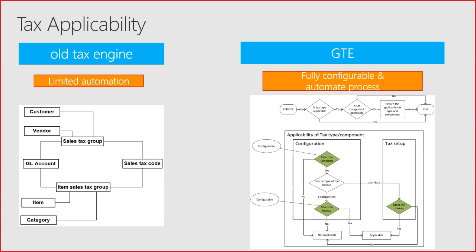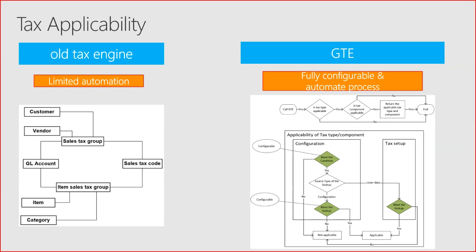The system will check whether the tax type is applicable for this certain transaction. If the tax type is applicable, for example GST is the tax type, under the GST tax type we have CGST, SGST, IGST. So the system will decide, is CGST applicable for this transaction?